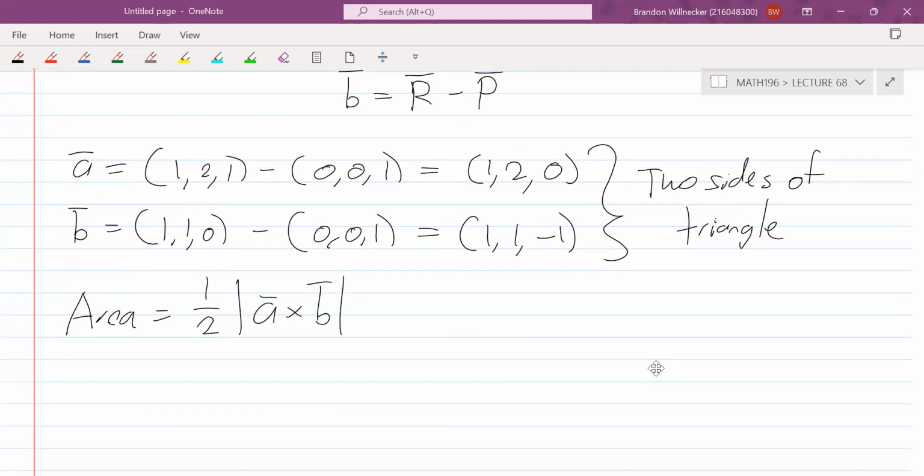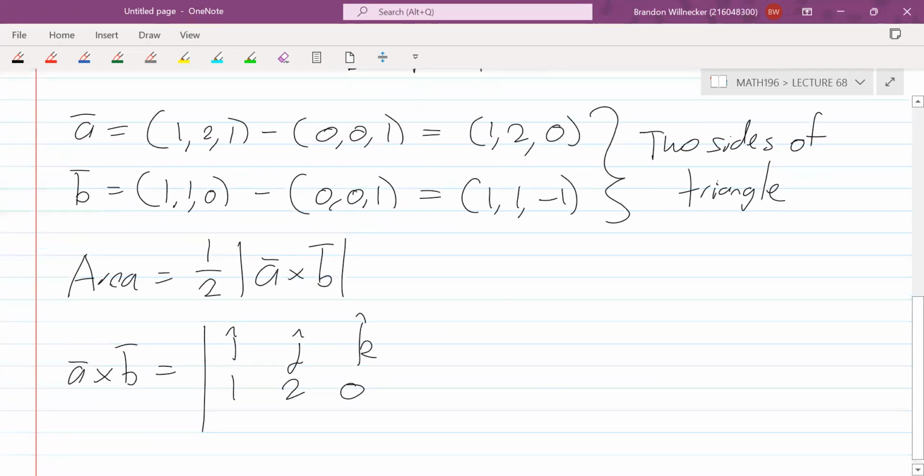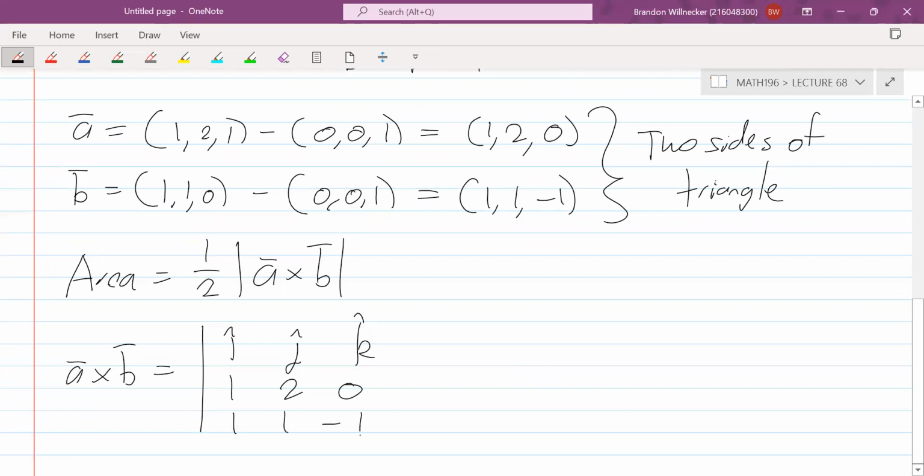Okay, so let's find the cross product. So A cross B, that's going to be the determinant i, j, k. Let's put down A first, so that's 1, 2, 0. Then we put down B, that's 1, 1, minus 1. And we expand this out as the determinant.